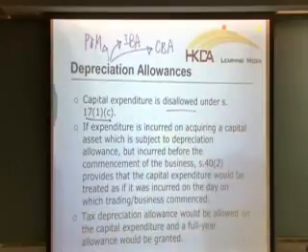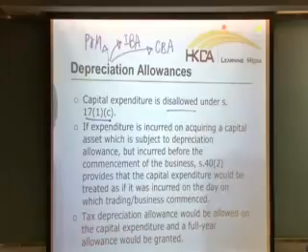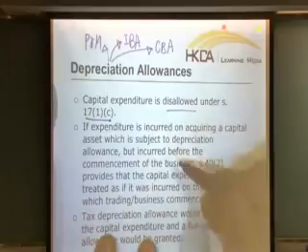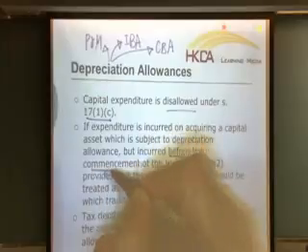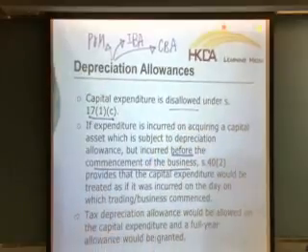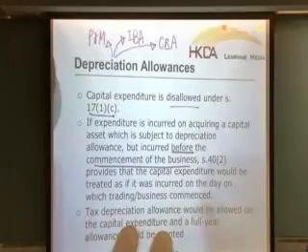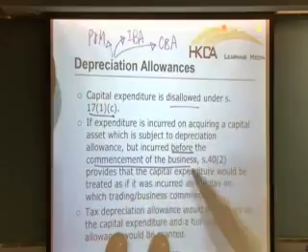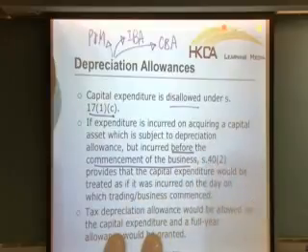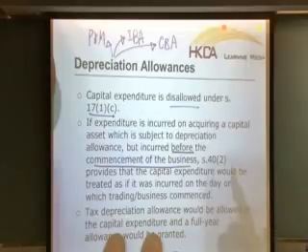The other point is about if you acquire the capital assets before commencement of business. For example, you commence business by today, October 8th. But before October 8th, you already acquire some fixed assets. That means before commencement of business. Generally speaking, this should not be allowable.